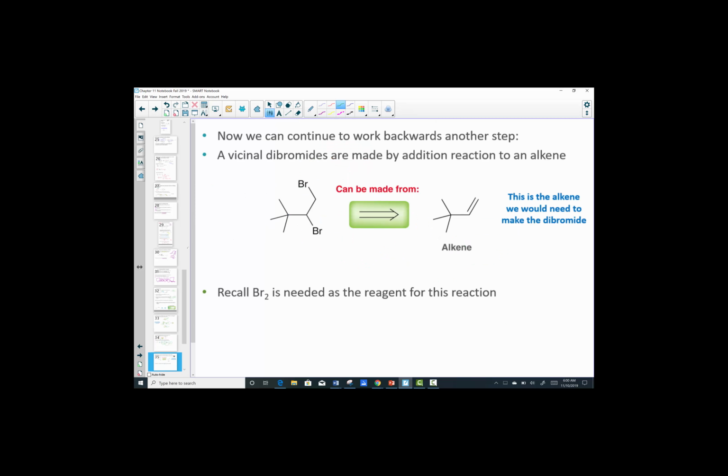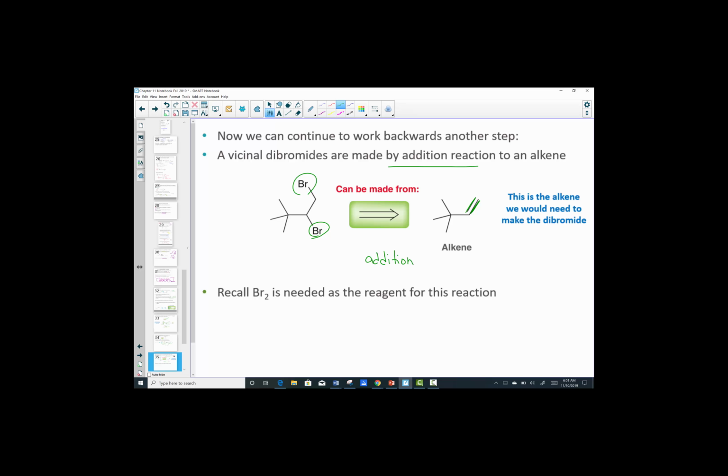Well, I know that it's going to be made from a bromine molecule. We're going to add an addition reaction to an alkene. So to create the dihalide, we need a double bond so that I can add across the double bond. And thinking about addition here, not elimination as the easier step.